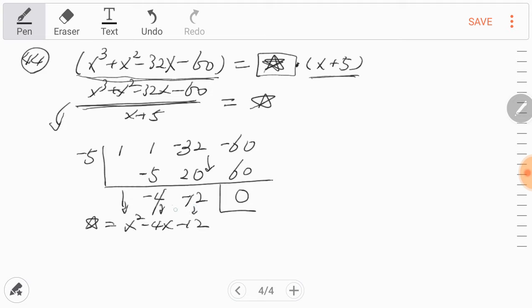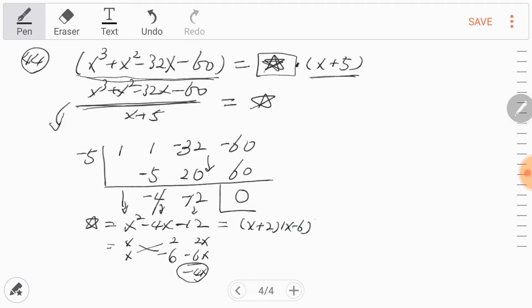Let's check whether we can factor this. x times x, 12 is 2 times 6, and we put the negative sign on 6. Then 2x minus 6x is negative 4x. So yes, the result is the same as the middle term. So the expression for the star is the product of x plus 2 times x minus 6.